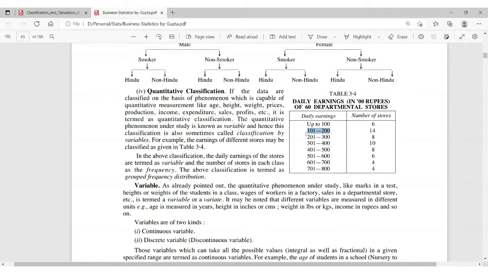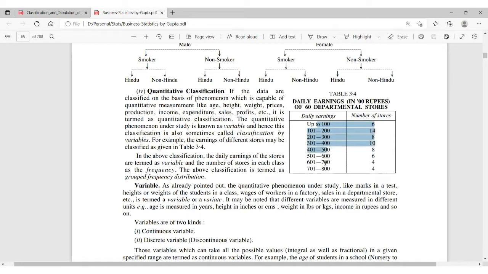All these stores, those who are earning between 101 to 200, come in this category. So this kind of representation of data is called continuous. These are the variables, and these are called the frequency. So this is a continuous variable.